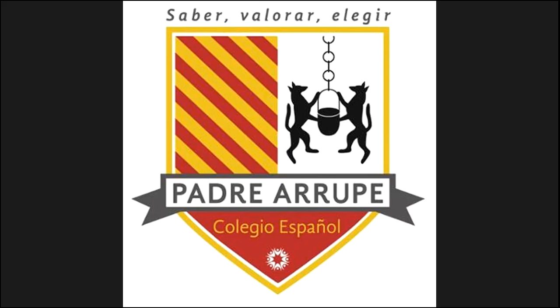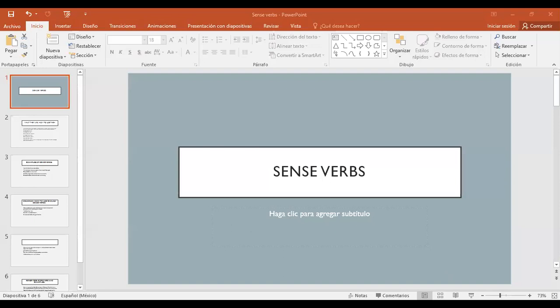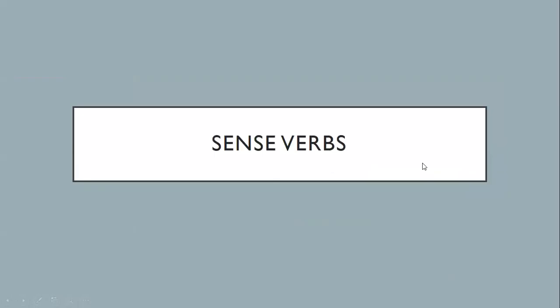Here, hopefully you're going to be able to see my screen, and we have sense verbs. We have in English, and this is something we started to talk about last class, that these verbs describe the senses, right? The 5 senses, and they are also known as sensory verbs, right?